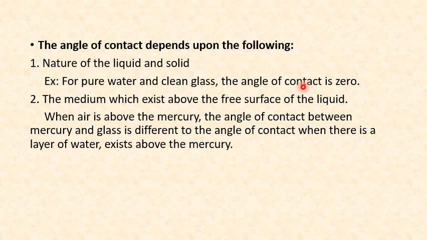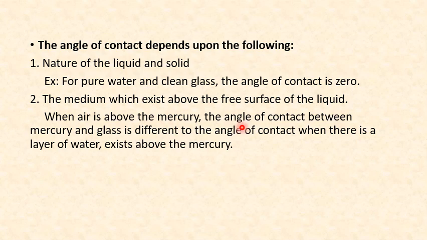And the second factor on which the angle of contact depends is the medium which exists above the free surface of the liquid. For example, let us consider mercury on a glass plate. The angle of contact between mercury and glass plate is different when the air is above the mercury and when instead of air there is a water layer above the mercury.